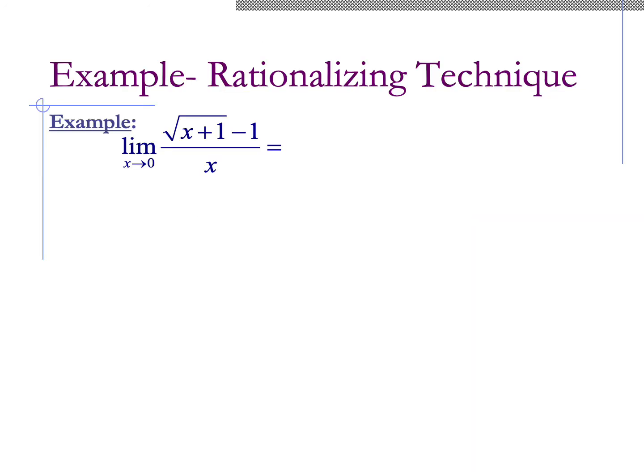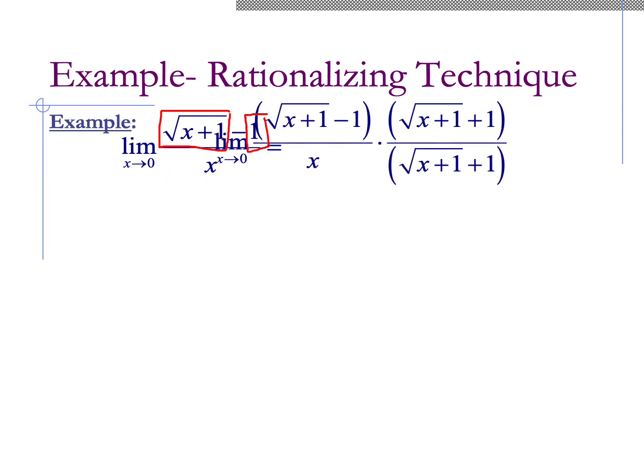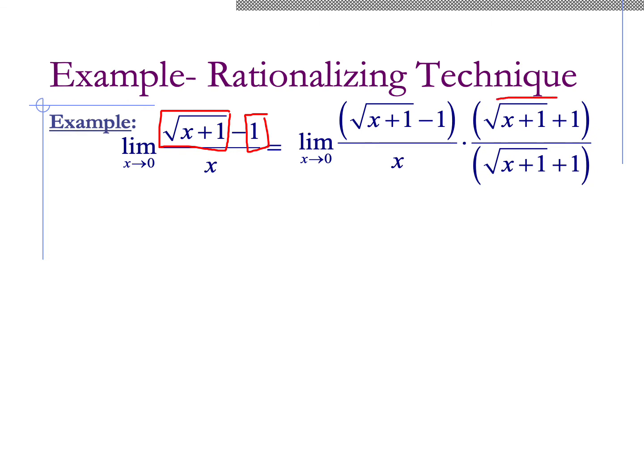The last example we are going to talk about here is solving limits using rationalizing techniques. We have the limit when x goes to 0 for this square root minus 1. So we need to multiply by the conjugate, and clearly the conjugate is square root of x plus 1 plus 1. And as we said, when we multiply something by its conjugate, we just square the first term minus square the second term.